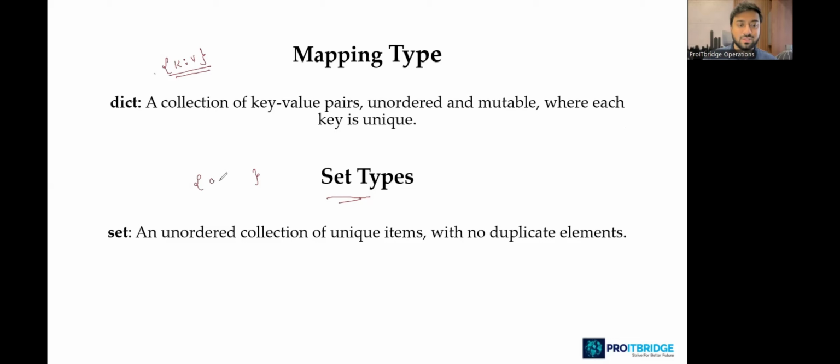We'll have just items like A, B, 1, 3. It is a collection of data which only allows unique items. Again, need not worry about this. We are going to deal in detail with the advanced data structures, especially list, tuple, set, and dictionary. We will have a separate video on this, so I'm not going into much detail here.